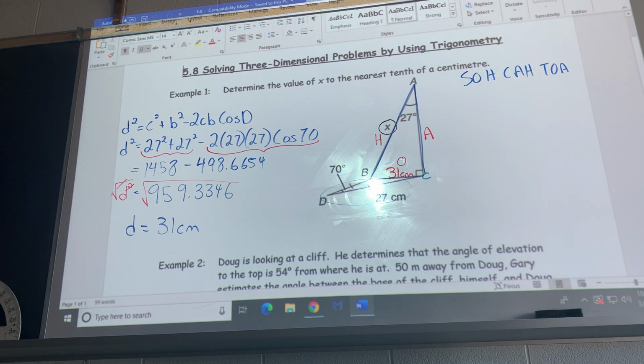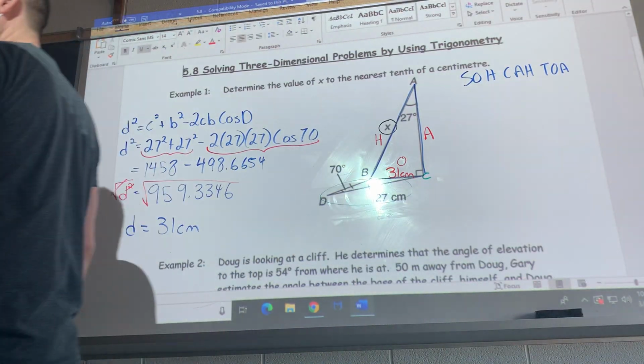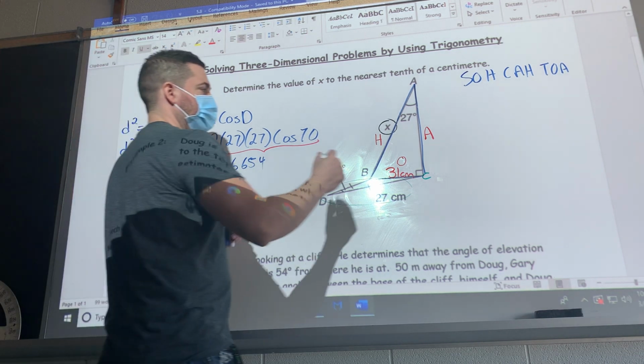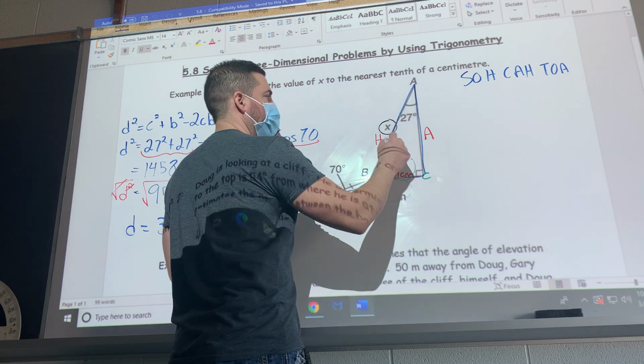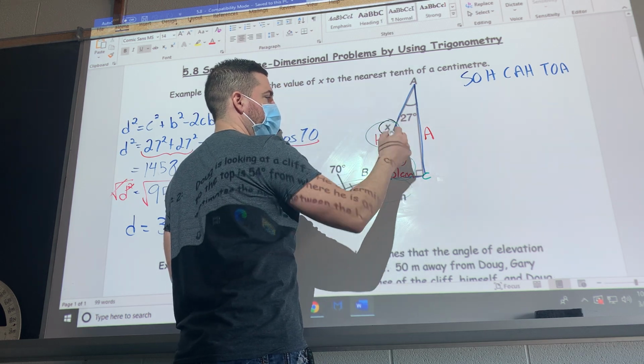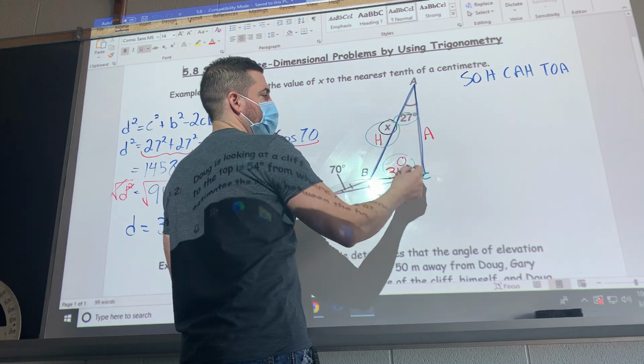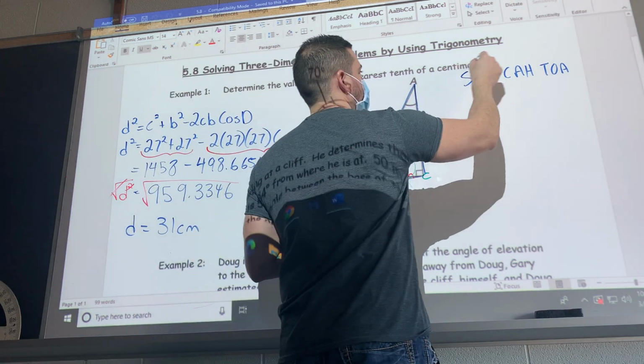Okay, using your knowledge, what formula are we going to use? Sine, good. So we're going to use sine. We have the opposite side. We need to find our hypotenuse, so that's O and H, and we have the angle. So O and H, which is sine.